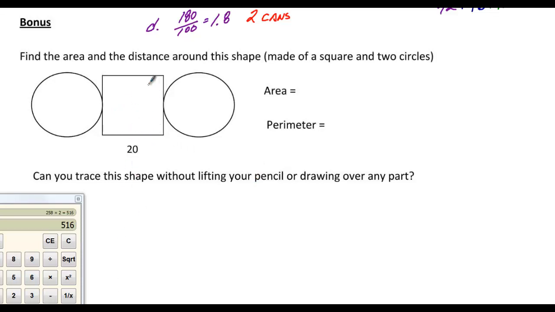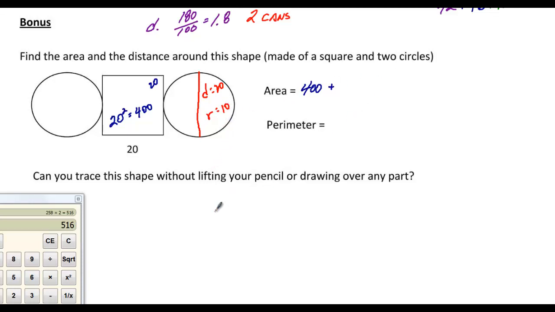Since this is 20 on the bottom, then this is 20 on the side, and 20 times 20, or 20 squared, is 400. So we've got 400 plus. We know that if this side is 20, then this diameter is 20, which means the radius is 10.